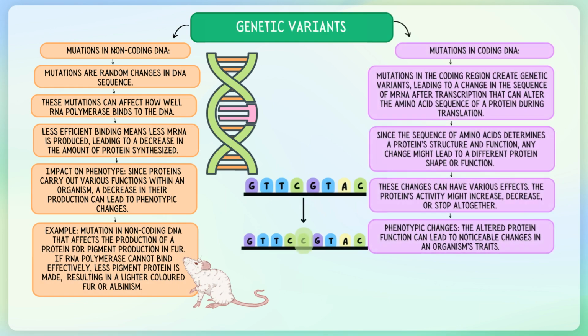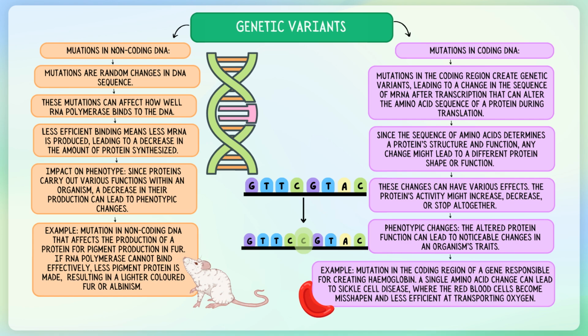We then looked at coding DNA, where genetic variants can alter the amino acid sequence of proteins, impacting their structure and function, and thus, the organism's phenotype. This lesson highlighted the complex relationship between genotype and phenotype, providing a foundation for understanding genetic mutations and their effects in various fields.